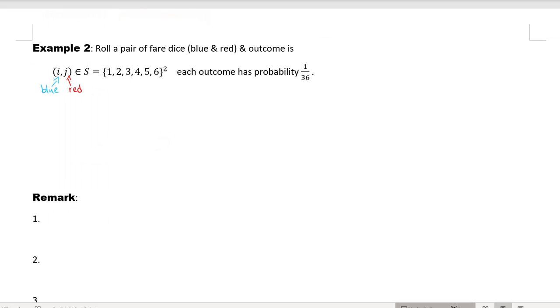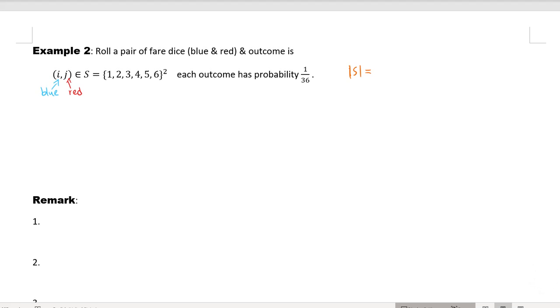Okay, and what's the size of S? So the first blue die we have 6 choices. The red die we also have 6 choices. That's why we have 36 outcomes, right? And because all outcomes are equally likely, each outcome has probability of 1 over 36.